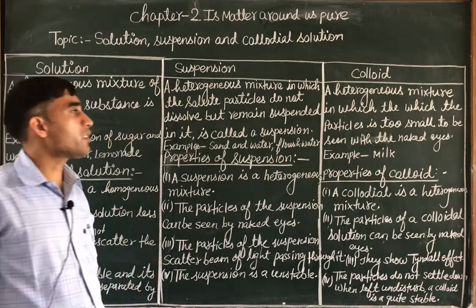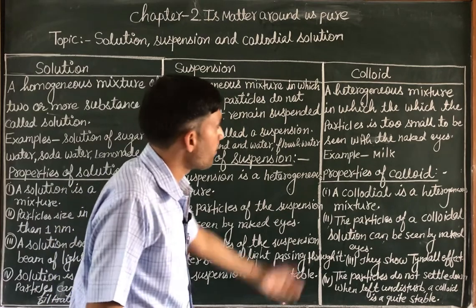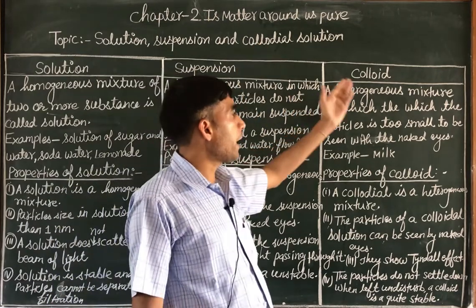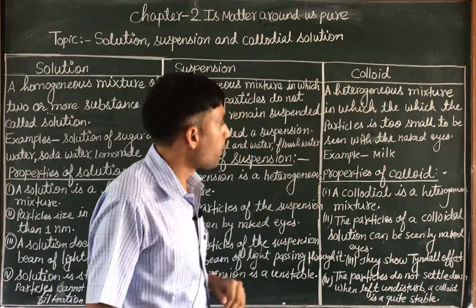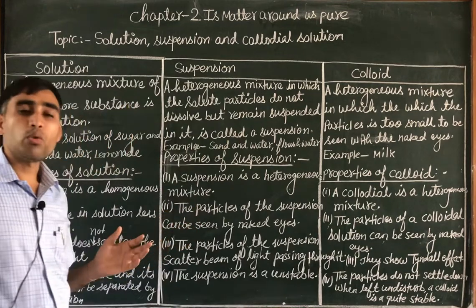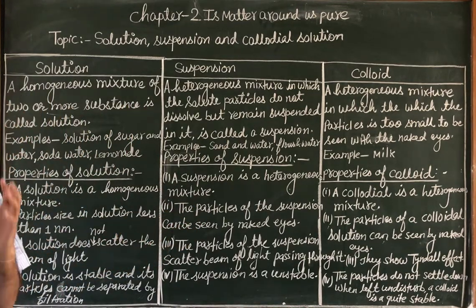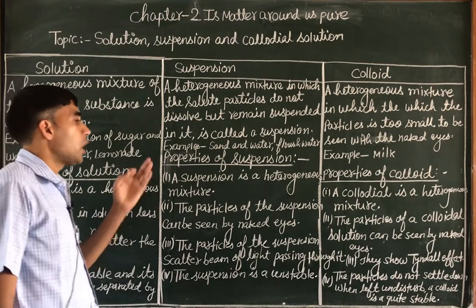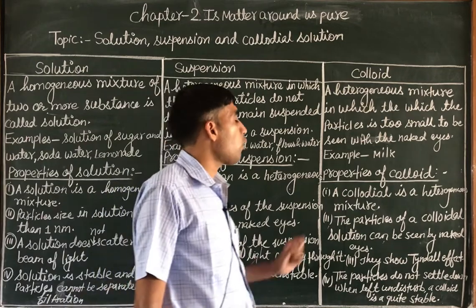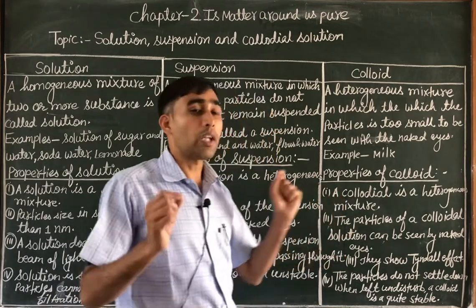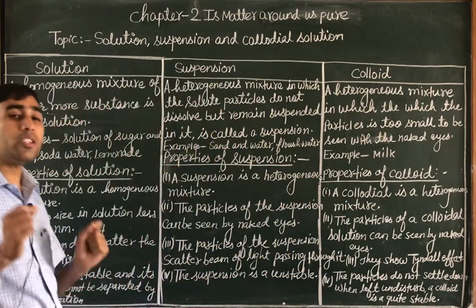Now the third one is the colloid, or colloidal solution. A colloid is also a heterogeneous mixture in which the particle size is too small, so generally they cannot be seen by the naked eyes. For example, milk is an example of a colloidal solution. Now we will see the properties of a colloidal solution. A colloidal solution is a heterogeneous mixture.